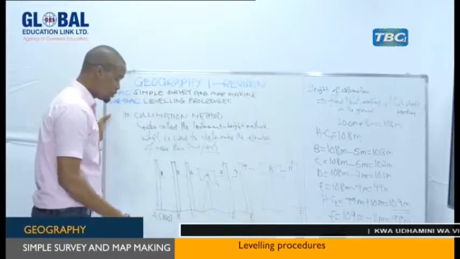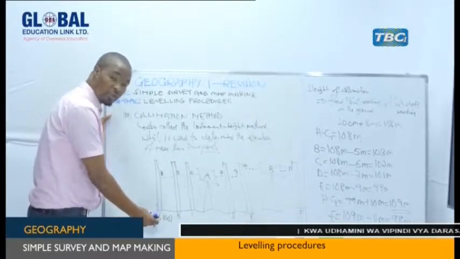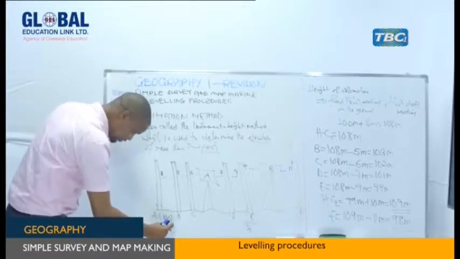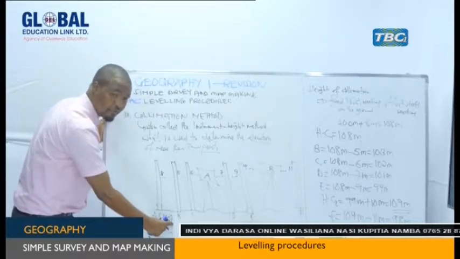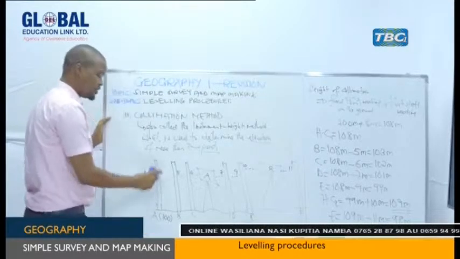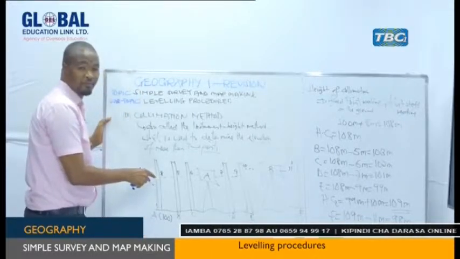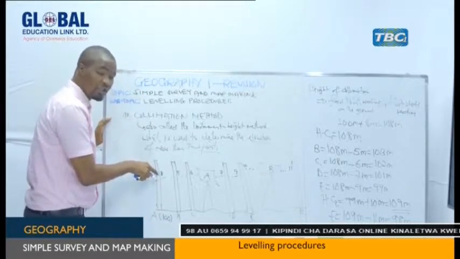And how do you obtain the height of collimation? By taking the staff reading plus the fixed point reading on the ground. For instance, right here I have taken 100 meters plus 8 meters, which is the staff reading.